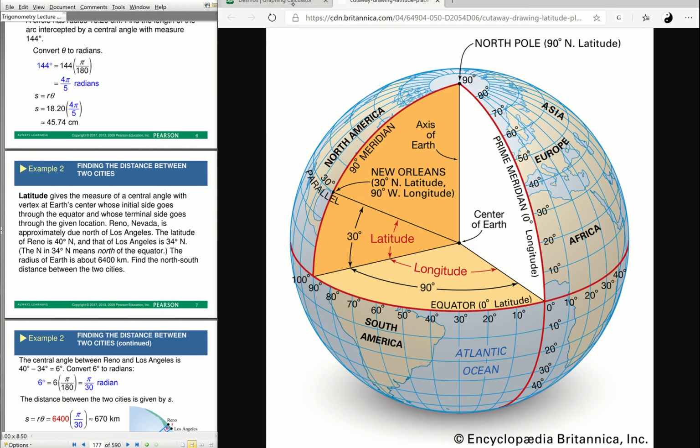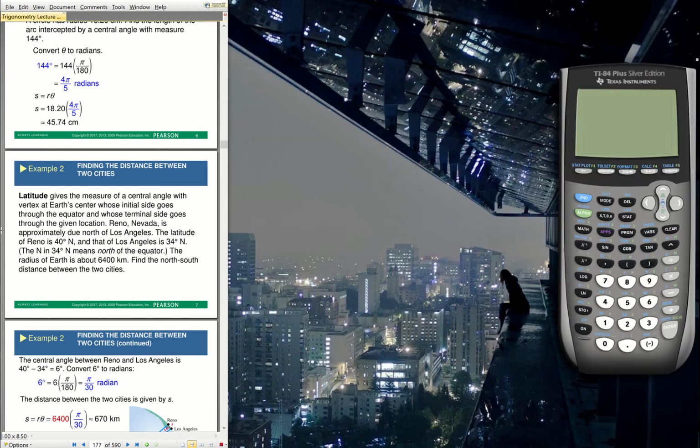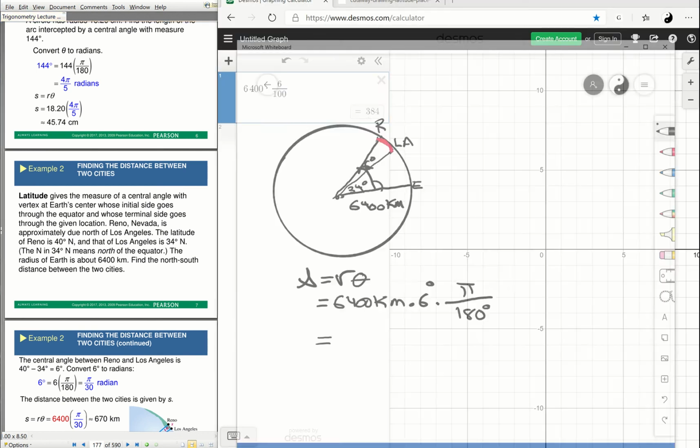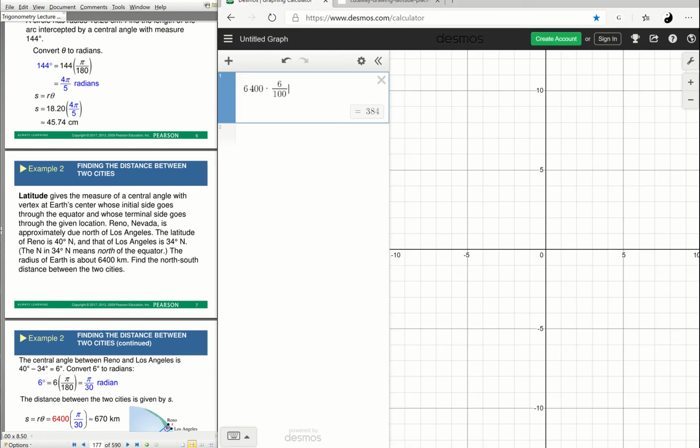Okay, let's make sure that we got those numbers correctly. 6,400 times 6 divided by 180 is what I meant.